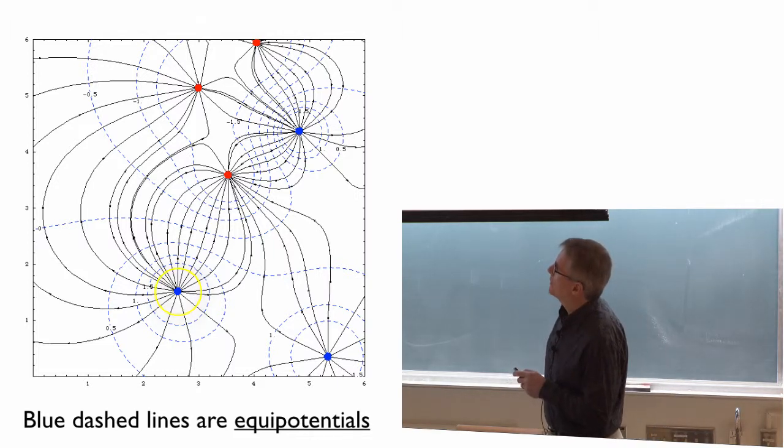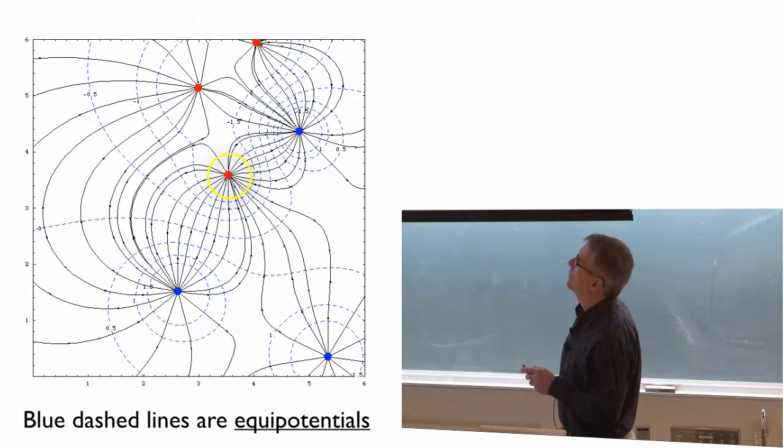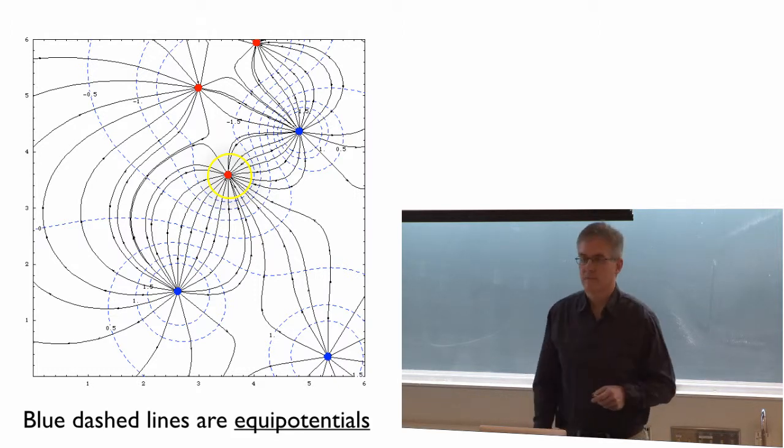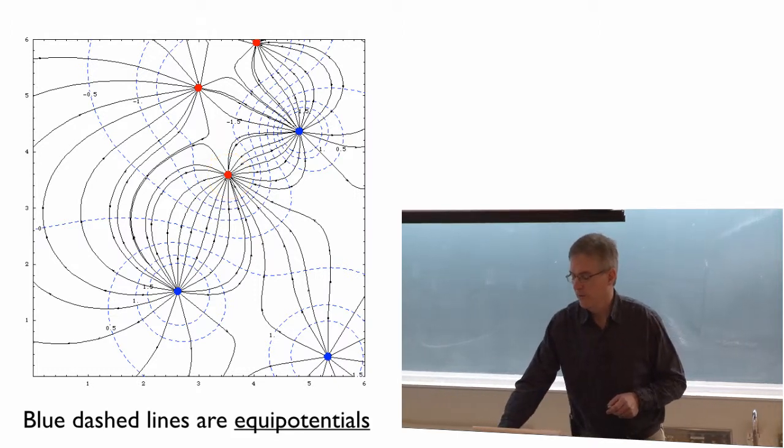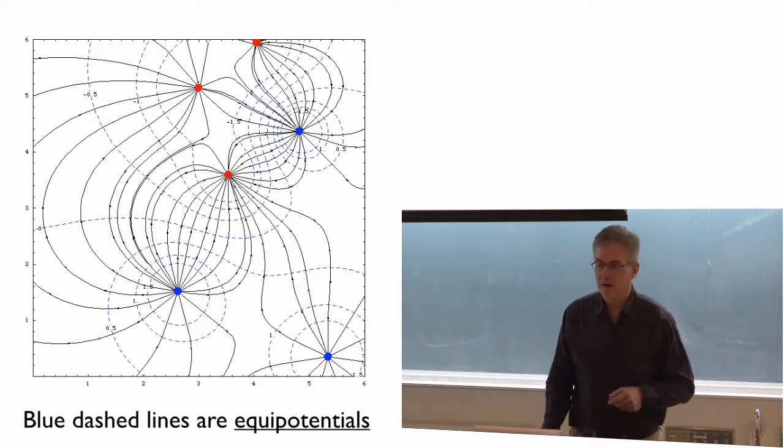Now, if this is a peak, then the negative charge is a valley. So you should think of that as a depression, where you're going from uphill to downhill. And just as if you had a big rock, it would roll from a high peak down following the contours.